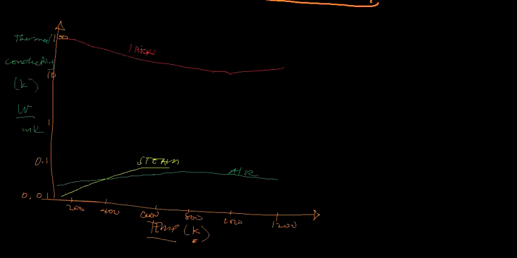So this is a solid material. So the property of this iron, as you can see, with respect to temperature K, the value of the thermal conductivity also varies with the temperature, across the range of this temperature.